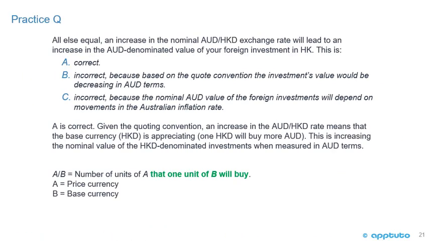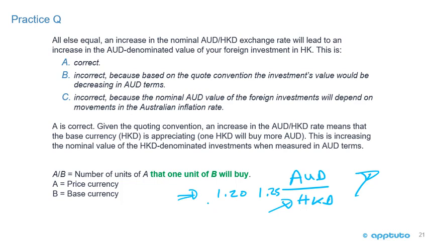Okay, this question should not be too difficult. So we're given here the nominal AUD over Hong Kong dollar, okay? And it says that nominal exchange rate is increasing. So what's happening if that's increasing? Again, let's say that was going from 1.20 to 1.25. I may not know what the exchange rates are on the test.